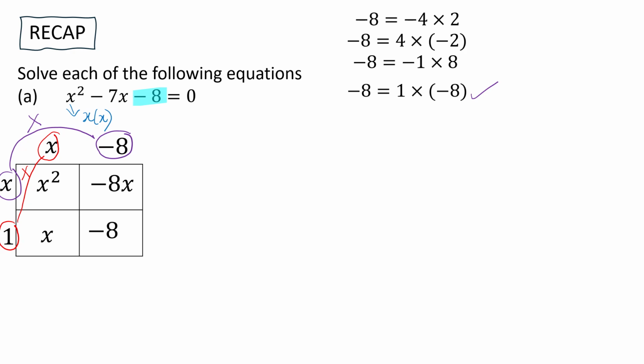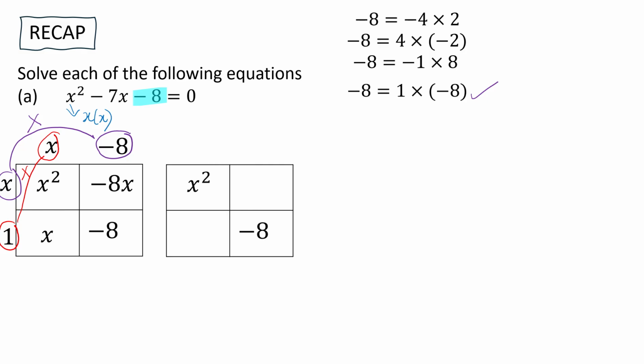Right, so factorization using the box method is a bit like trial and error. You need to come up with different combinations, and then you choose the one that gives you the correct answer. So it can also be this combination. X squared is definitely just x times x. But we can write negative 8 as negative 1 times 8, and with that, you give us 8x and negative x.